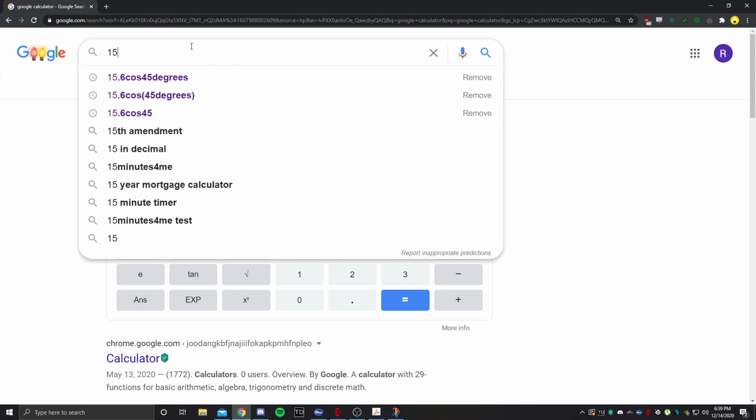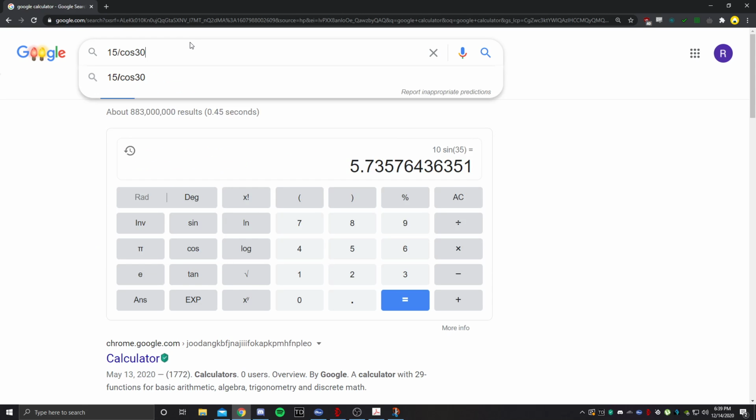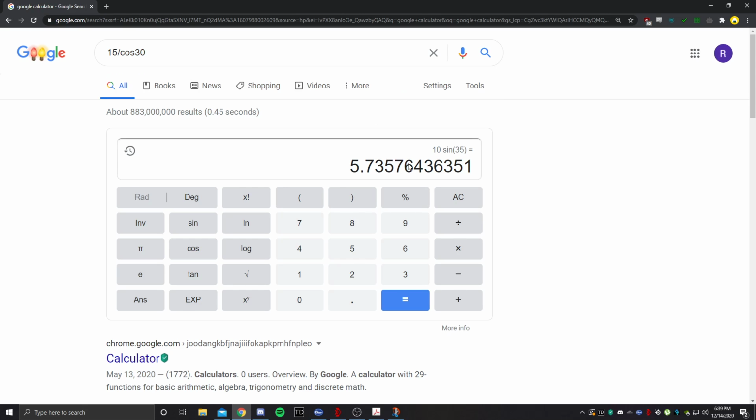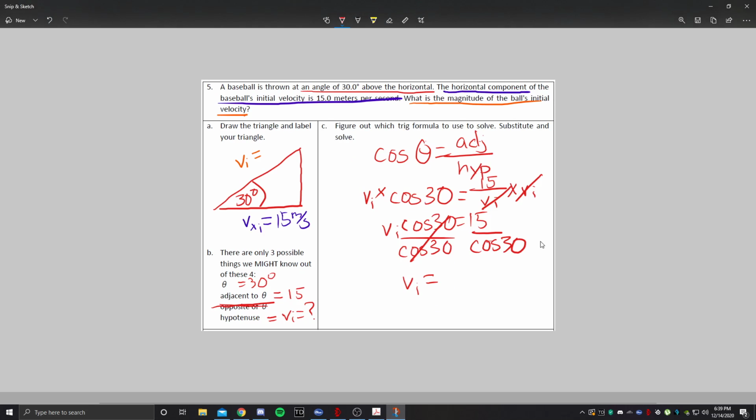I just plug it into a calculator: 15 divided by cosine 30. Make sure it's in degrees, and we get 17.3. So our initial velocity is 17.3 meters per second.